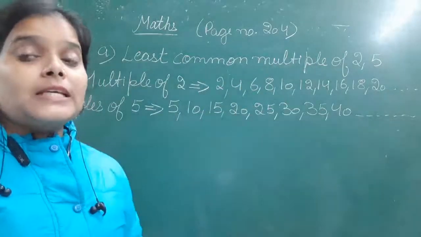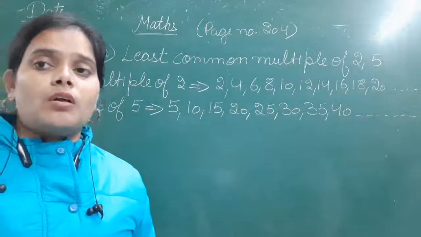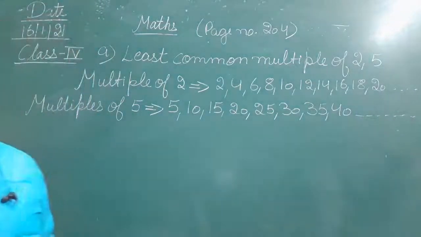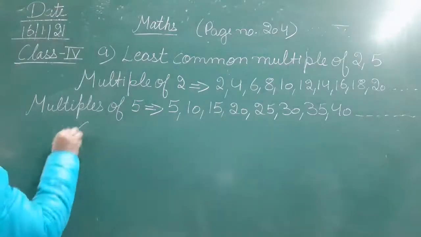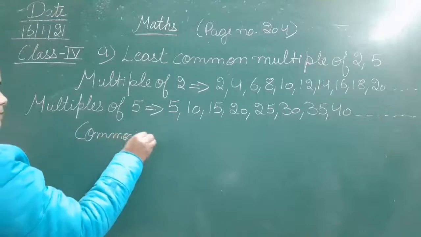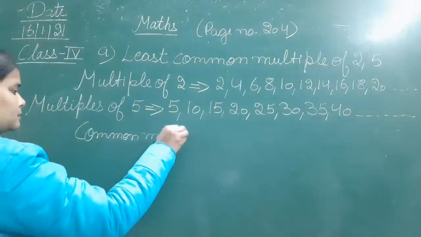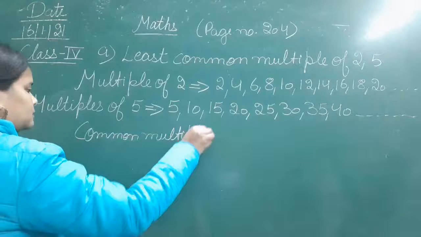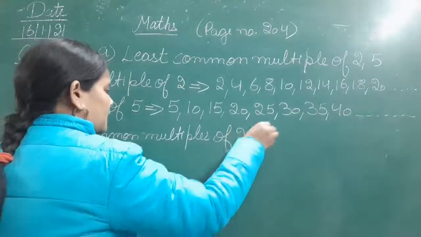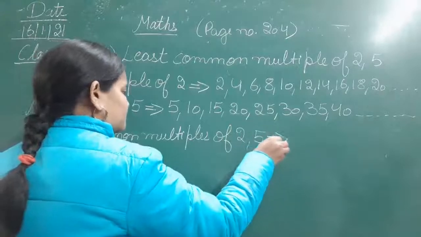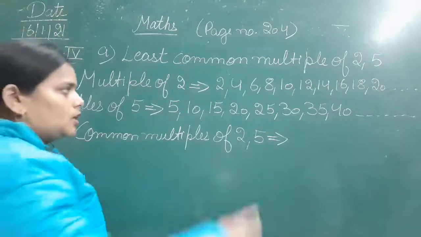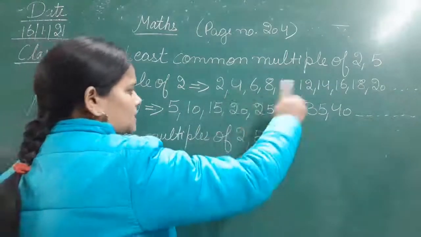So for finding the least common multiple, first of all we have to find the common multiples. Okay, so let's find out the common multiples of 2 and 5. 2 और 5 के कॉमन मल्टीपल्स कौन कौन से हैं? देखिए 2 is 4, 6, 8, 10. कोई है?